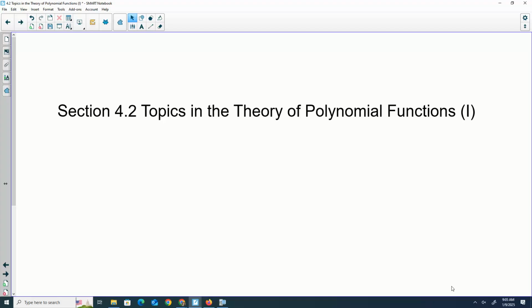Okay, so there's really two things that we are going to talk about today. We're starting section 4.2. We will finish it tomorrow. So the first piece is a helpful feature when we get to the next section in this chapter. It will be a time saver for you, so we do want to make note of that.